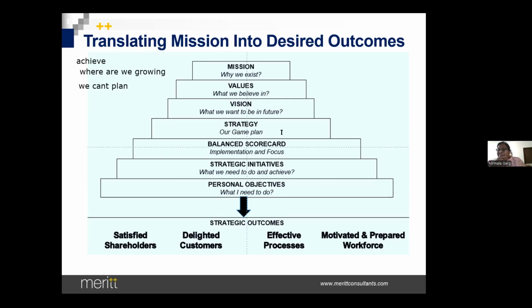I also do a PESTLE analysis. What is PESTLE? Political, economic, social, technology, legal, environment. Legality, that is regulatory. I need to know all these things, right? Where am I in the environment?